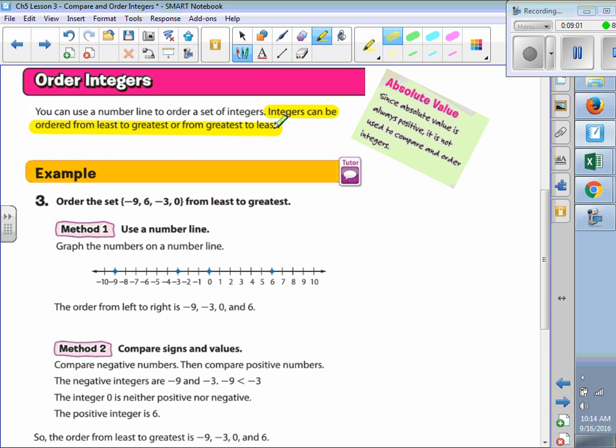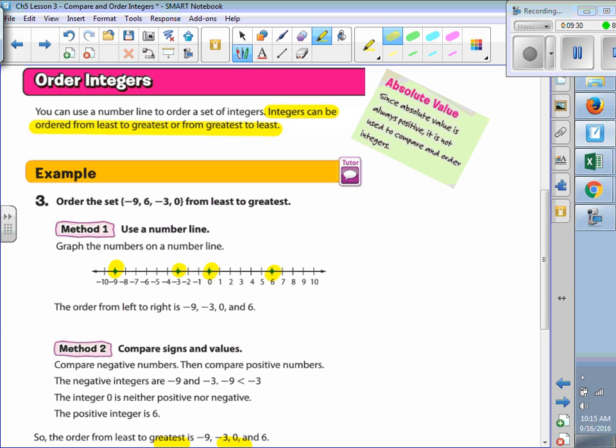So, here, when we put -9, 6, -3, and 0 from least to greatest on the number line, all you're doing is plotting your points. First thing we're going to do is graph -9, 6, -3, and 0.